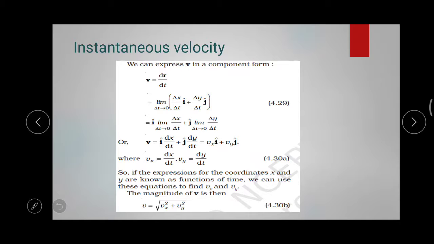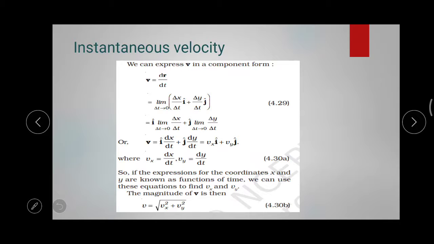Then delta x by delta t is known as the average velocity. When delta t tends to 0, delta x by delta t can be written as dx by dt, which is equal to v, the instantaneous velocity at that particular time. So here it is given that v is equal to dr by dt.